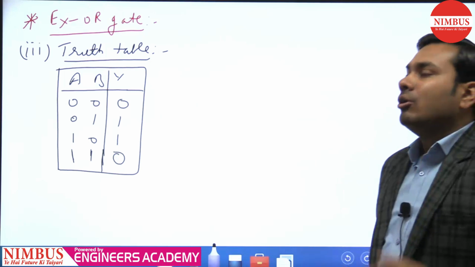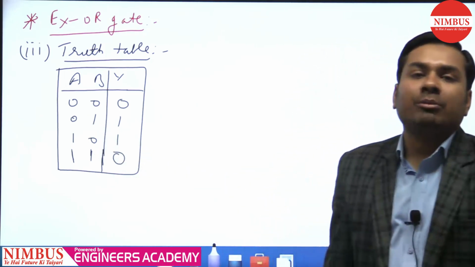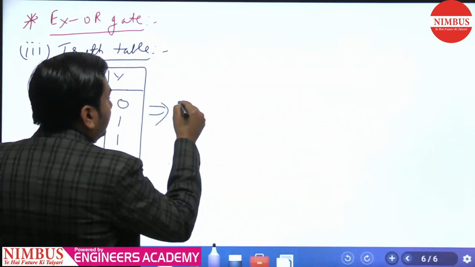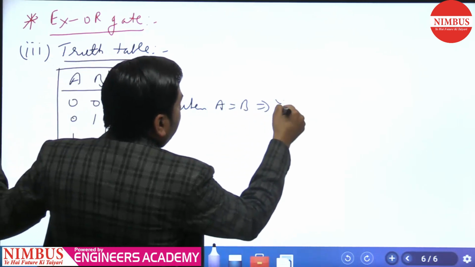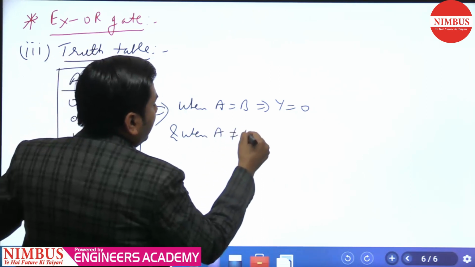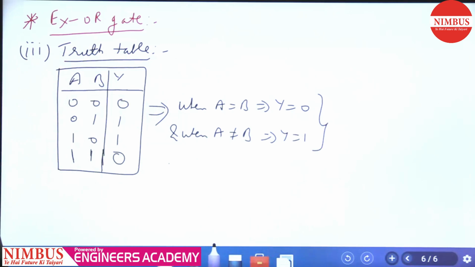If we are having the inputs at 0 1 or 1 0, that means the output will be 1. So when a is equal to b, y is equal to 0, and when a is not equal to b, y is equal to 1, right?